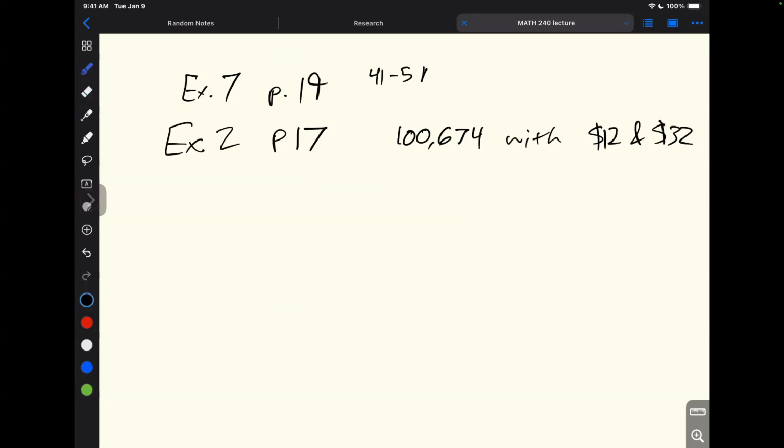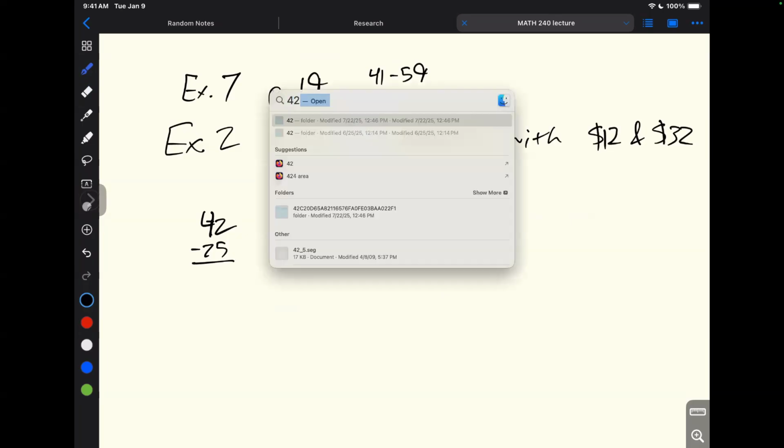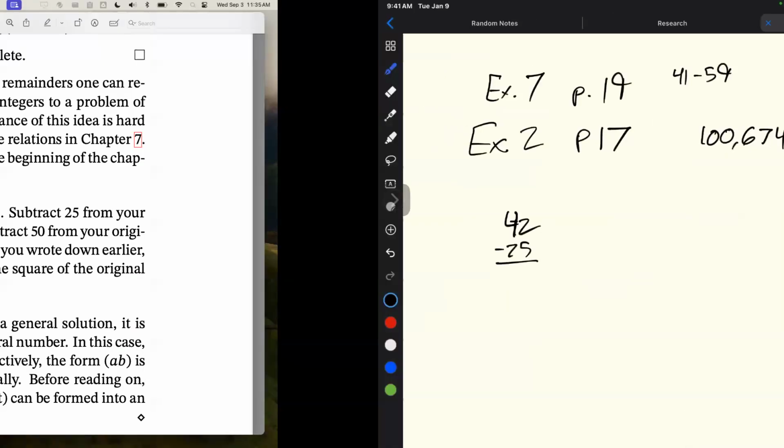For example 7, what is tens maybe, and then you square it. So okay, 41. Let's say I want to pick 42. So I subtract 25.